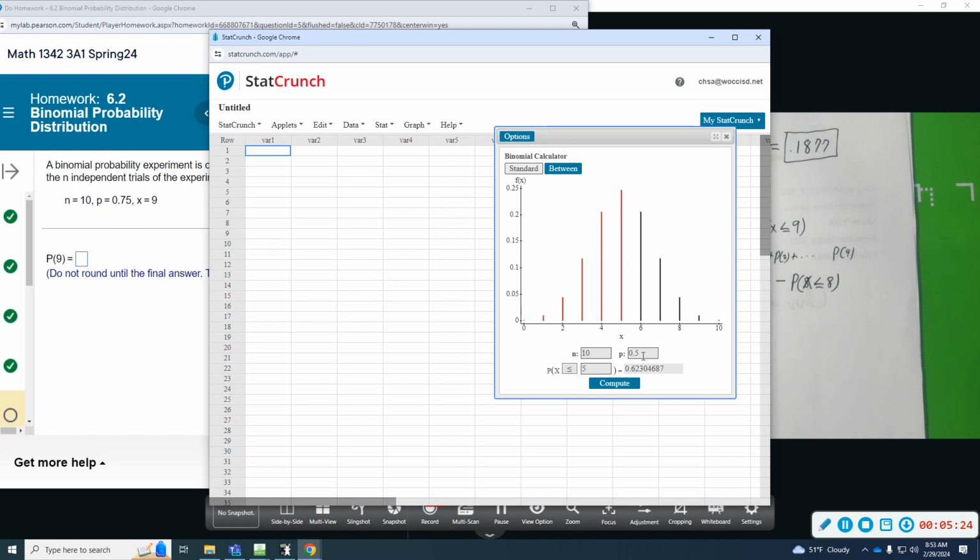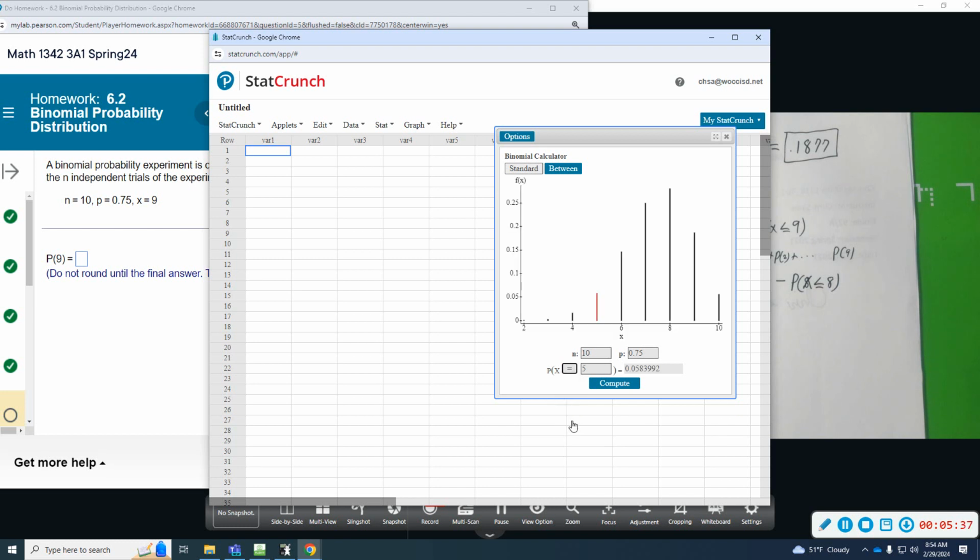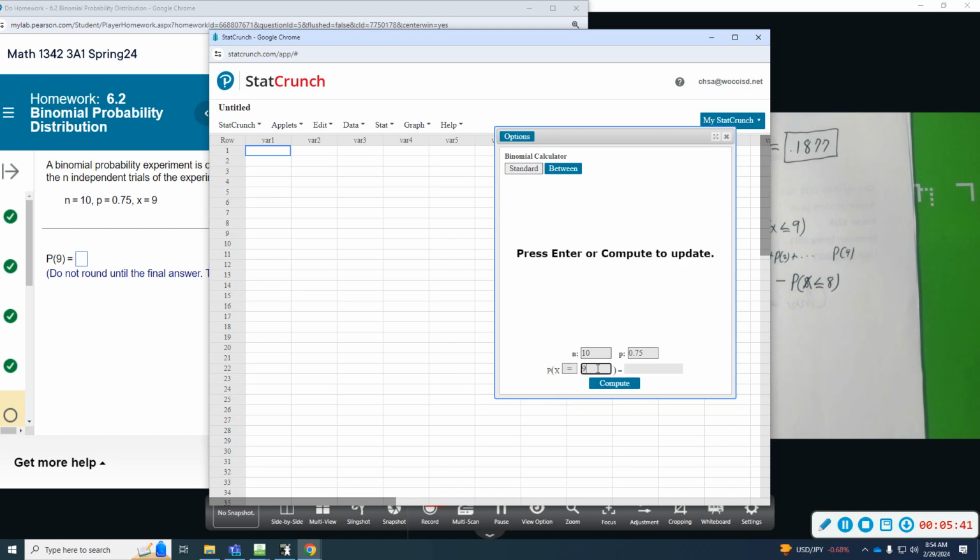P is 0.75, so I'm going to change this to 0.75. Then we want to find equal to 9. In this box, I'm going to change this to equal to, and change 5 to 9, and then hit enter, and it computes, and you can see the first 4 decimal places, 0.1877. So you can get that same thing with StatCrunch.